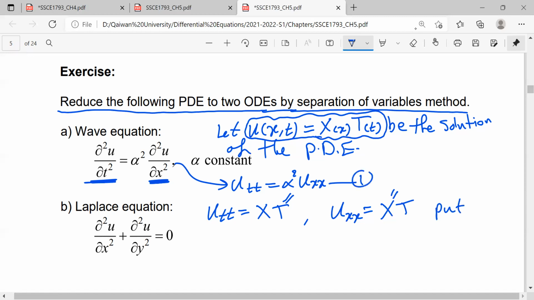Now we substitute these. Let's name this 1. If we put this into the partial differential equation, we replace u sub tt by X T double prime.